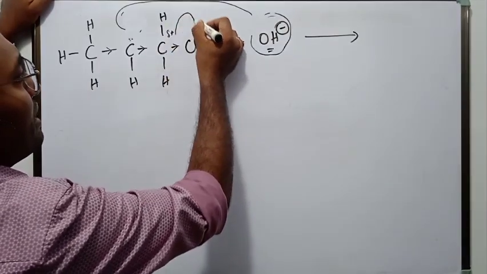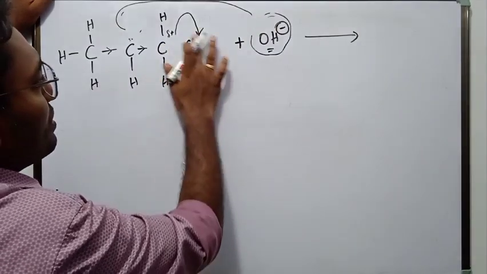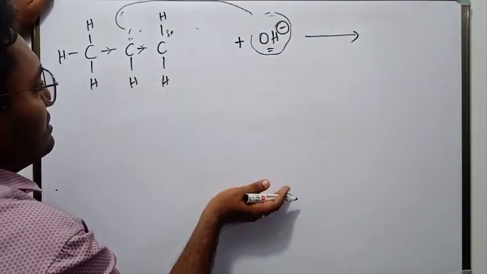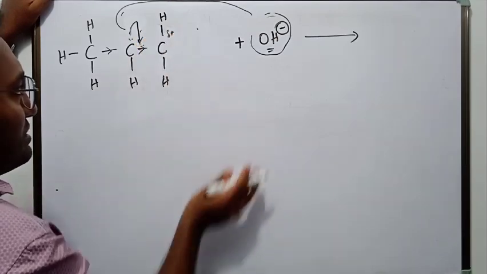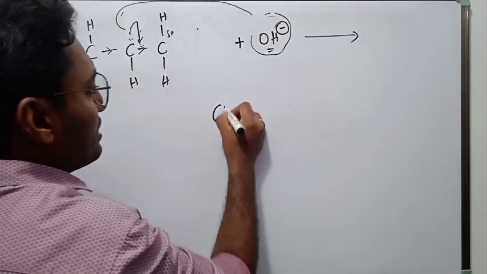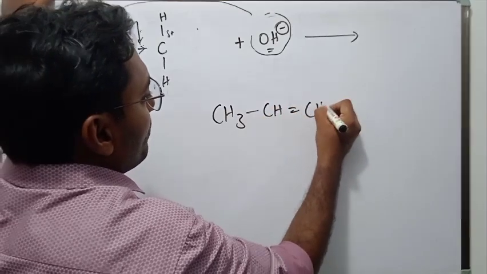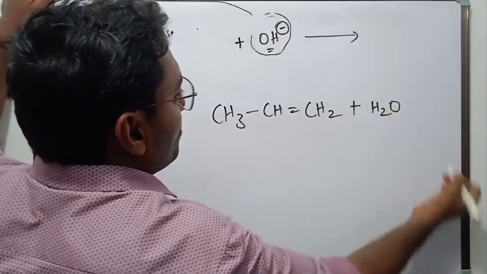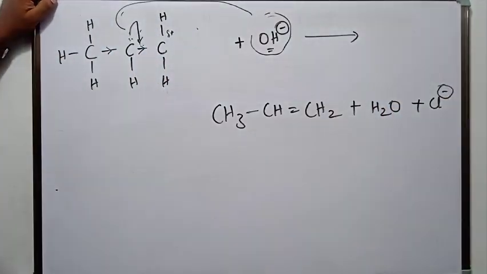At the same time, chloride also goes, and this electron pair would come and jump here. So the product of this reaction will be prop-1-ene, or 1-propene, and H2O goes and Cl minus is eliminated from the reaction.